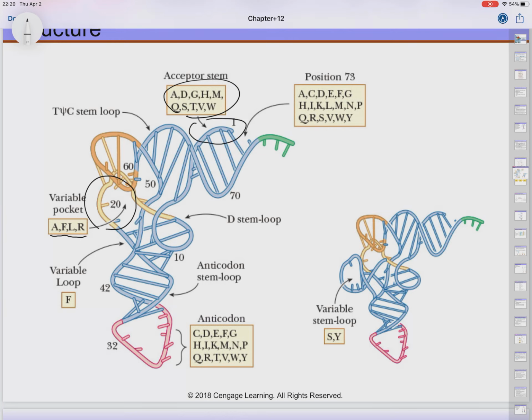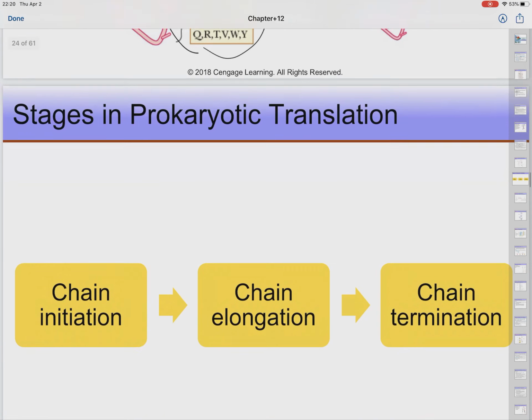For these, it's also recognizing position 73. Obviously the anticodons are important recognition points. For these two, it's this variable stem loop. But they don't have to be the anticodon, and they can also be different parts of the tRNA molecule that the enzyme is recognizing. So there are going to be some variations within the different tRNAs.